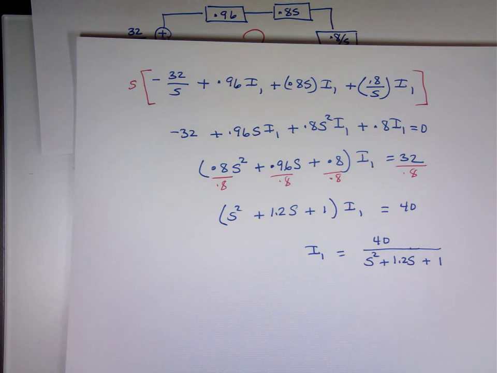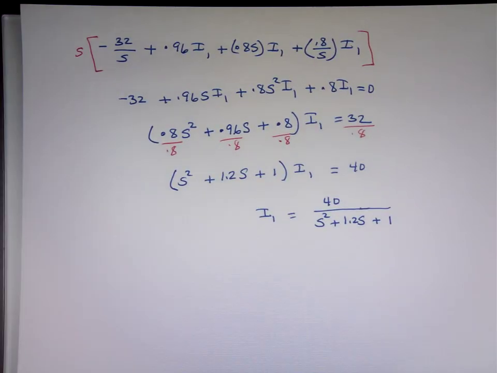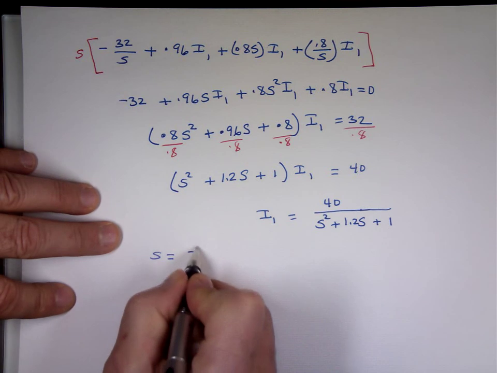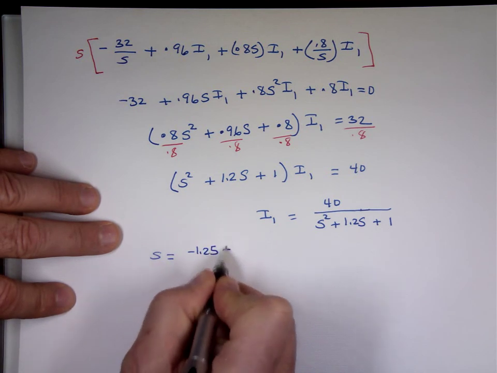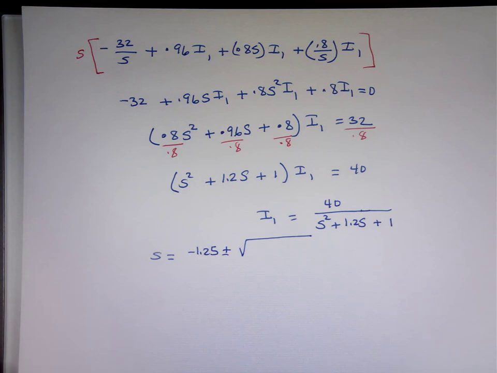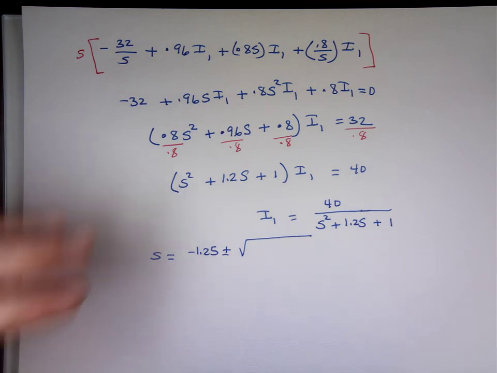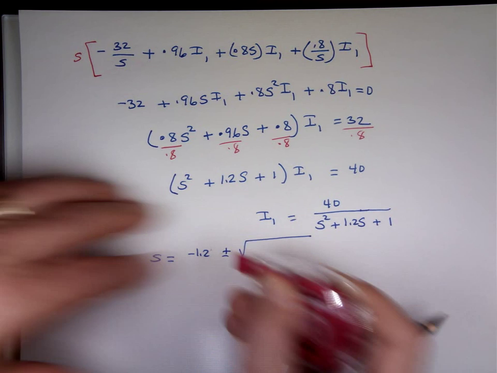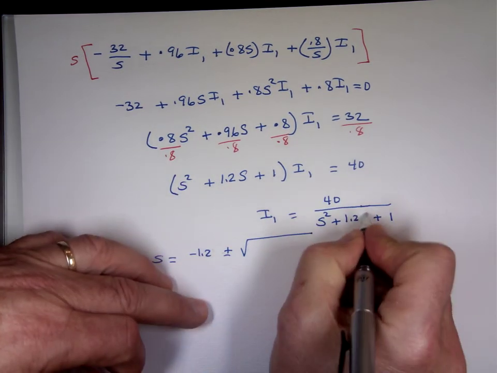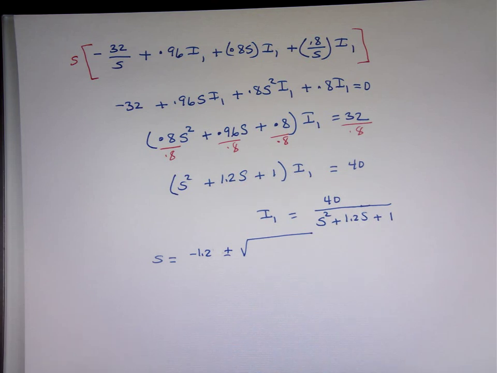So I'm going to find the roots for that one. Negative 1.2 S plus or minus the square root of, yes, that's 1.2 S. So 1.2 squared, I think, is 1.44.